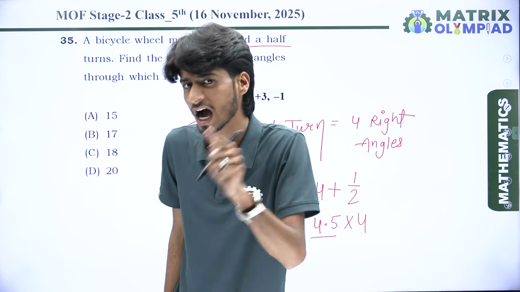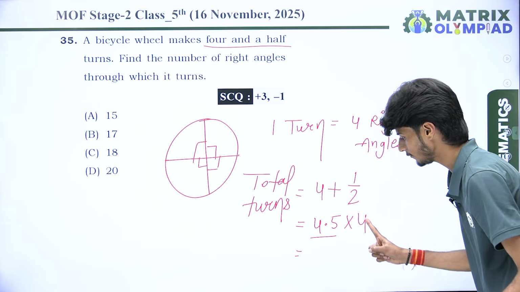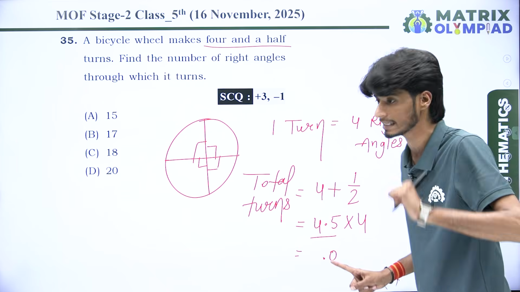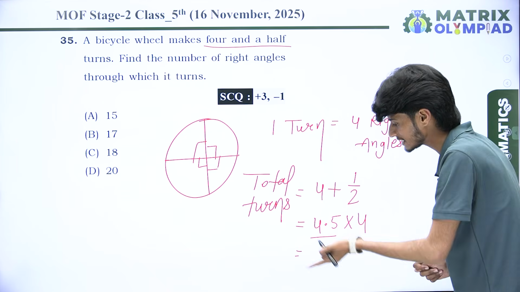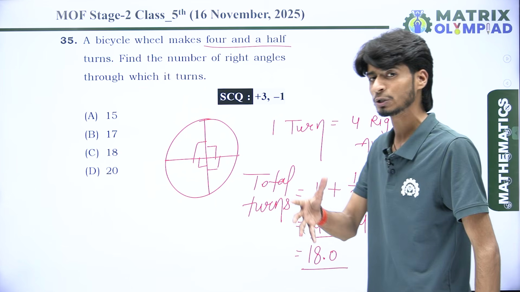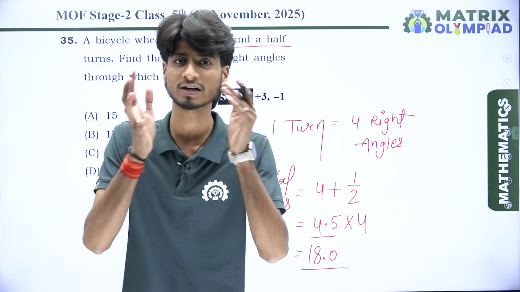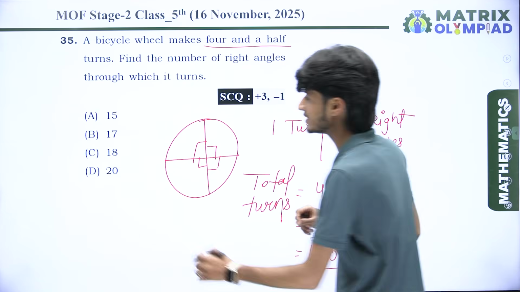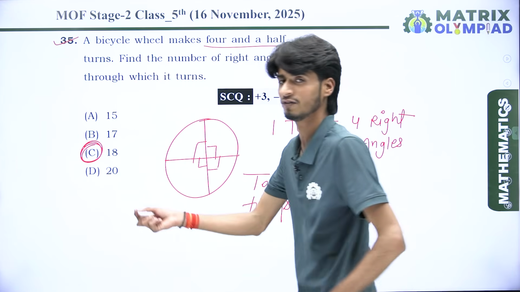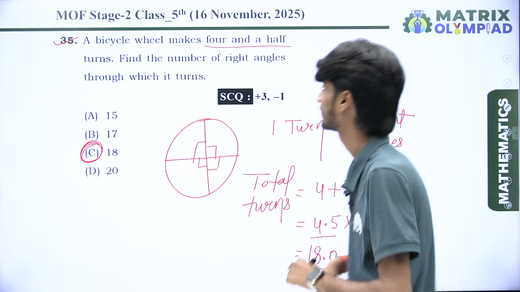Then in 4.5 rotations, how many right angles are there? Look, whenever 4 multiplies 5, we get 0 as the unit digit, because 4 fives are 20, carry goes to 2. 4 fours are 16, 16 plus 2 is equal to 18. That means the total number of right angles whenever a wheel makes 4.5 turns is equal to 18, which is represented in option C. So for question number 35, option C will be the correct option. Let's come to the next question.